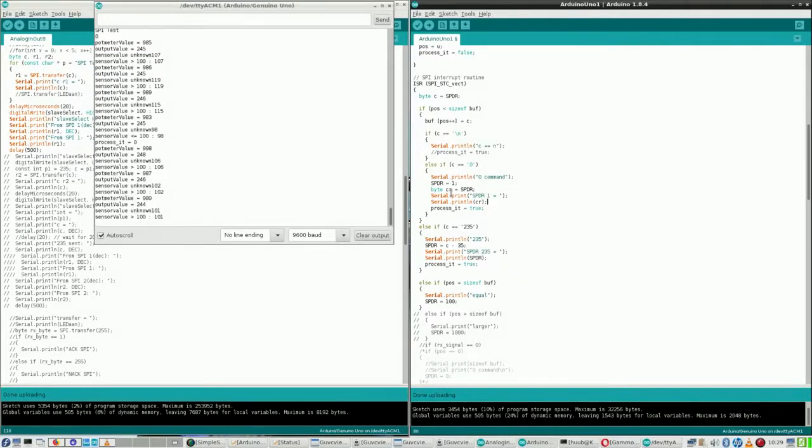So this is a very different byte now. I assign 1 to SPDR, then I assign SPDR to CR, and now I'm very curious what happens here.